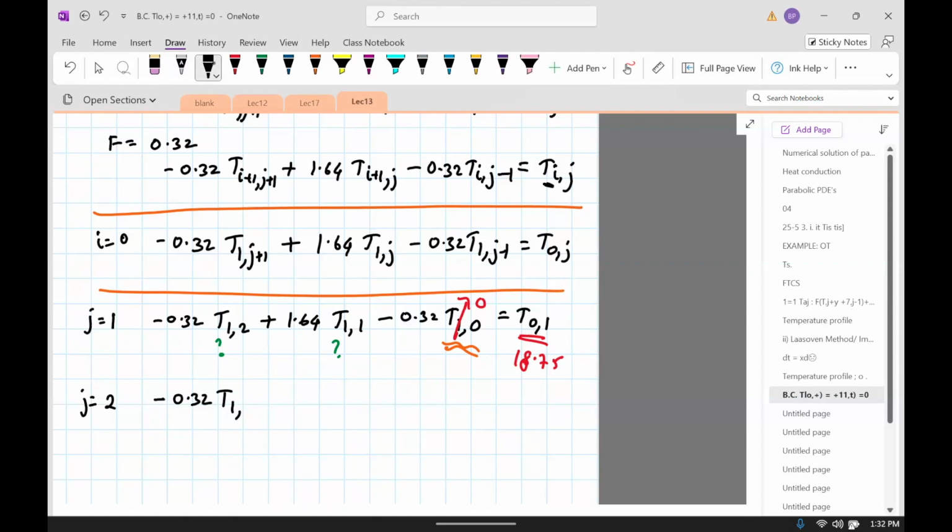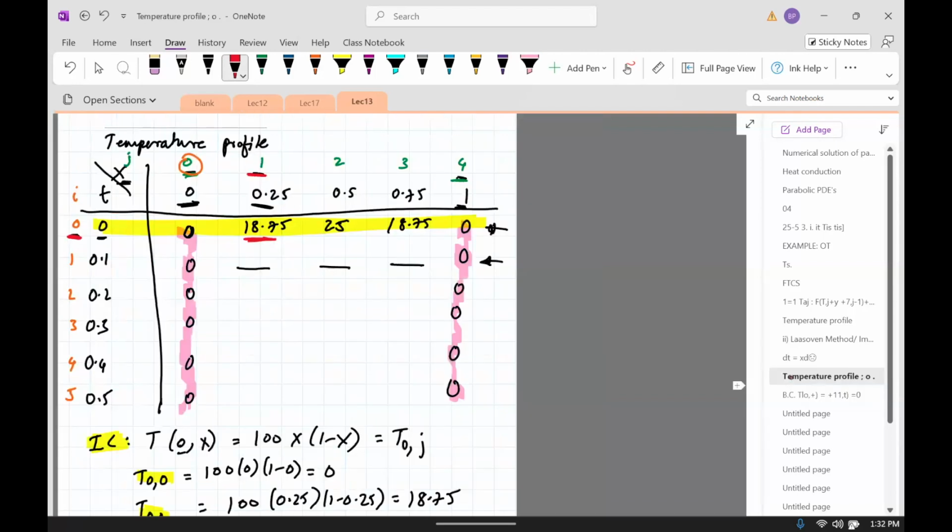So j is 2, so 2 plus 1 is 3, plus 1.64 t1,j, so 1,2, minus 0.32 t1,j minus 1, so 2 minus 1 is 1, equals t0,2. 0,2 is something which should be in the table. 0 is here, 2 is here, so it should be 25.